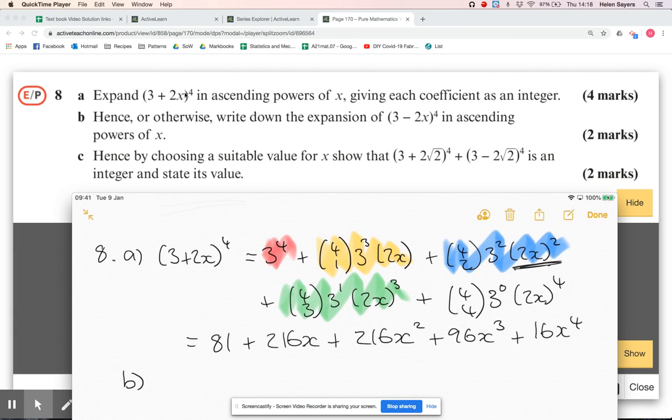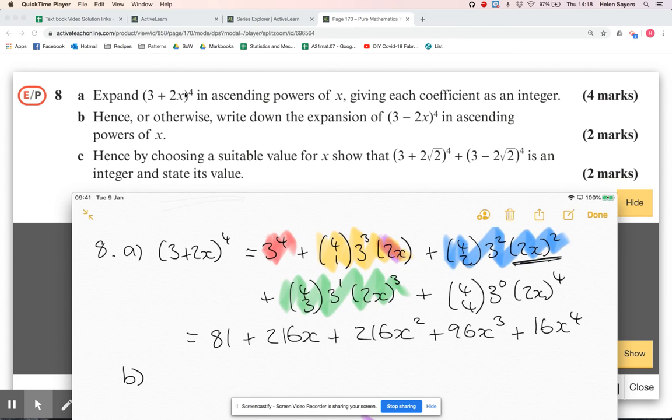Now, it won't just be a case of whacking a minus in front of everything. Let's use a new highlighter. What would happen if we switched those 2x's to minus 2x? Obviously it won't affect the 81. It will make the x term negative.